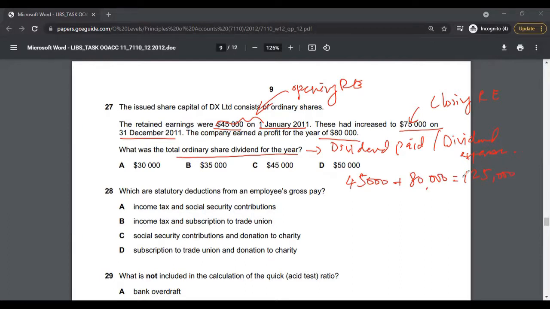As a business owner, you should have 125,000 in closing retained earnings, but how much do you have? 75,000. So 75,000 is your closing retained earnings. The difference is actually your dividend paid. So what's the difference? The difference is $50,000. So your dividend paid is $50,000. The answer to multiple choice 27 is option D.